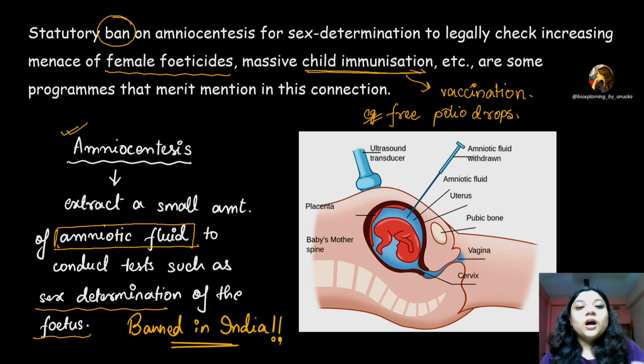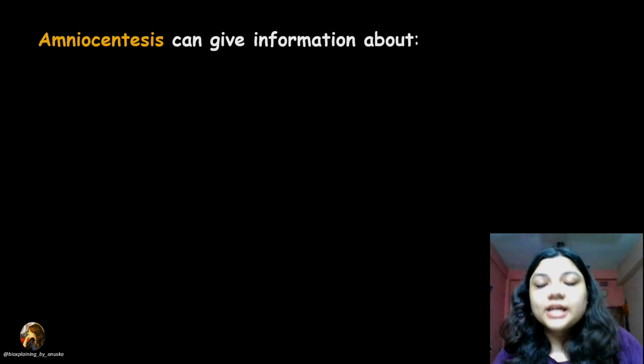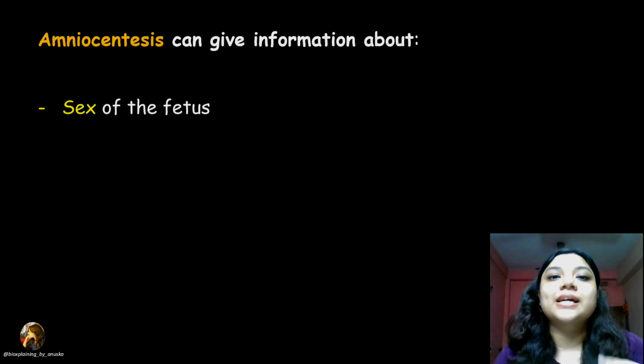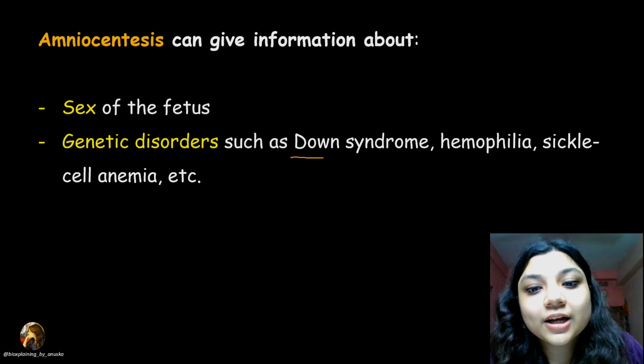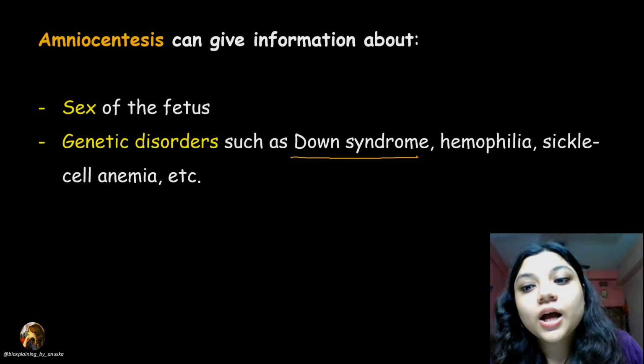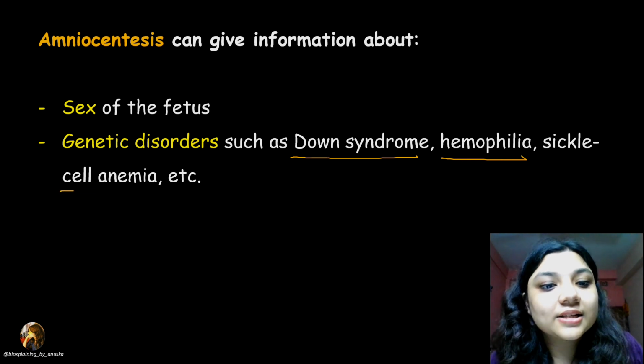Now this amniocentesis we are talking about, it does not have only one function, sex determination. For the sex determination function it has been banned so that female feticide is stopped. But amniocentesis has other functions too. It can give you info about the sex of the fetus, as we've seen, and about genetic disorders, like if a child has Down syndrome, hemophilia, or sickle cell anemia.